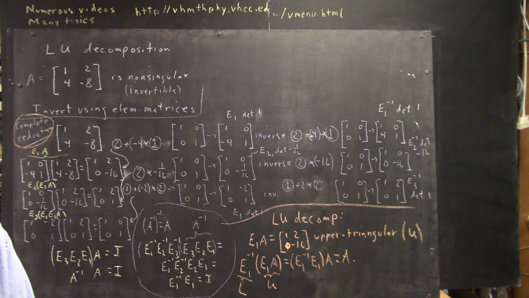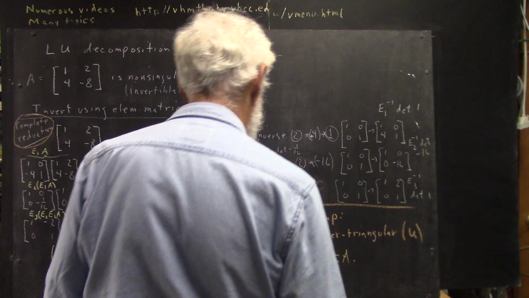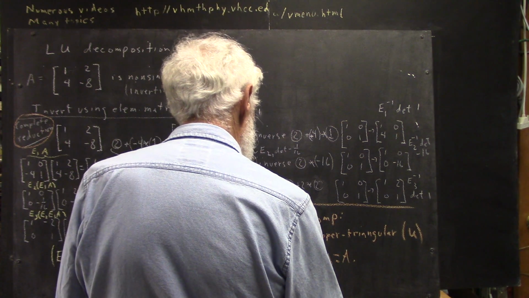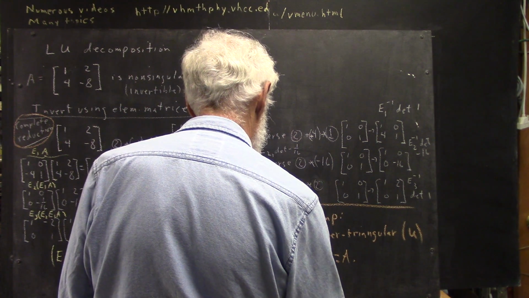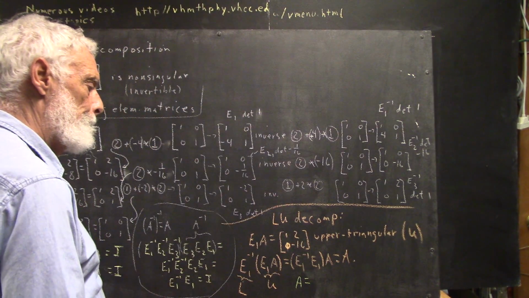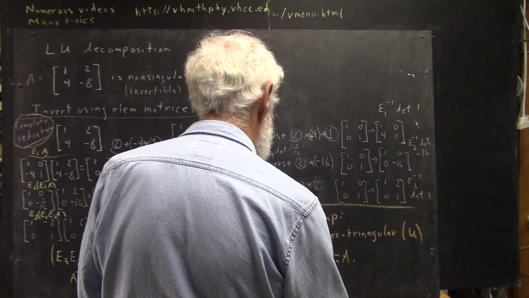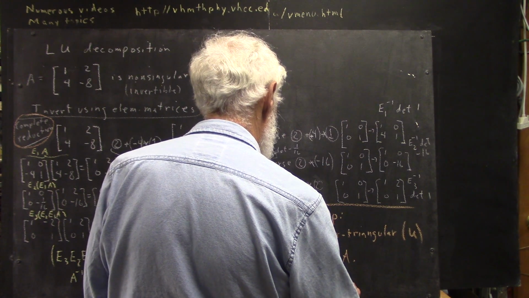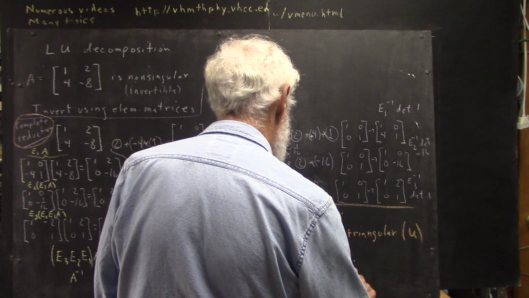And let's write it out real explicitly. A equals E1 inverse times E1A.